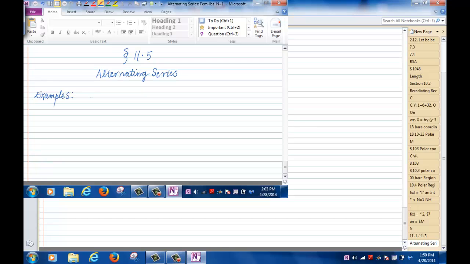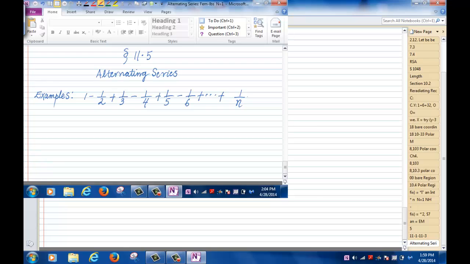If I have the series 1 minus 1/2 plus 1/3 minus 1/4 plus 1/5 minus 1/6 ... Can someone give me a formula for the nth term? What would be the nth term without worrying about the sign? What's the nth term? 1 over n.